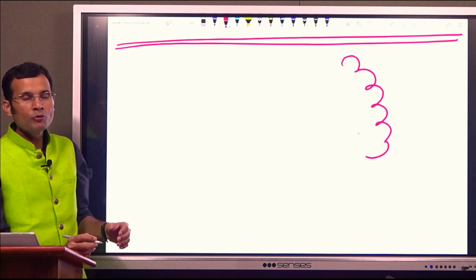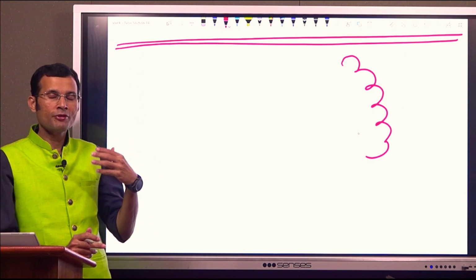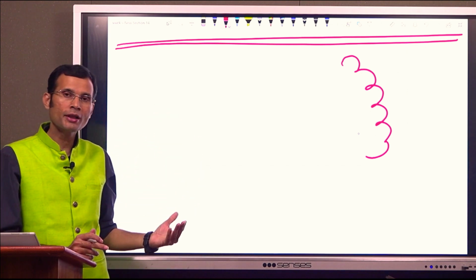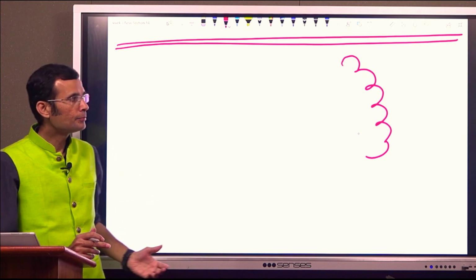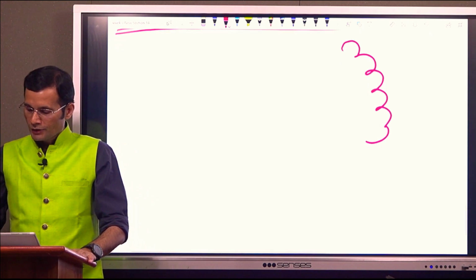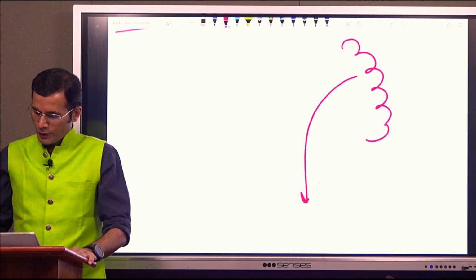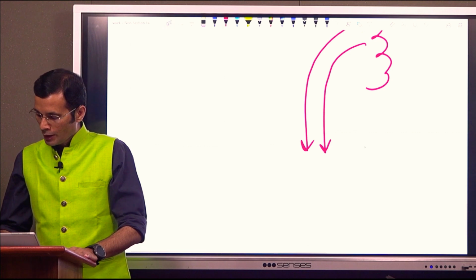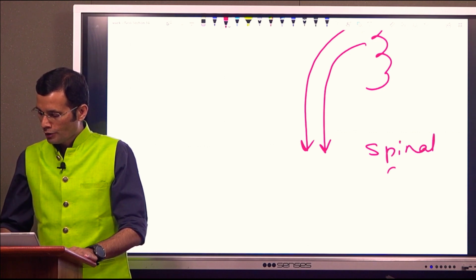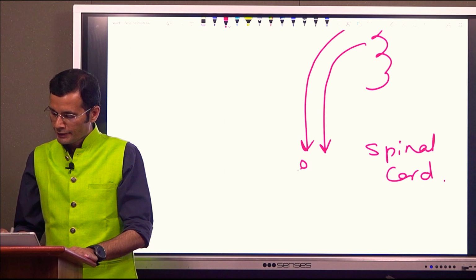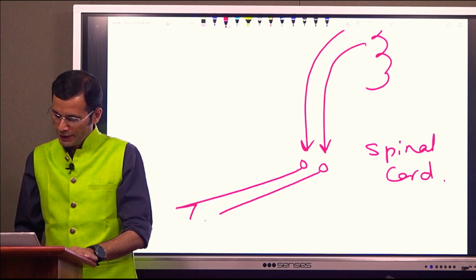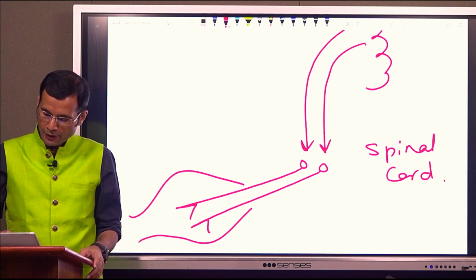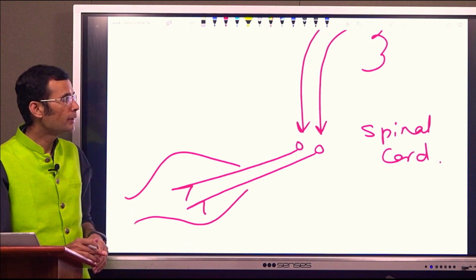Voluntary movements are first designed in our higher centers, the motor cortex, cerebellum, basal ganglia, and then these higher centers send the signals down to the spinal cord, and from the spinal cord the next set of fibers reach the muscle and the muscle contractions are made.